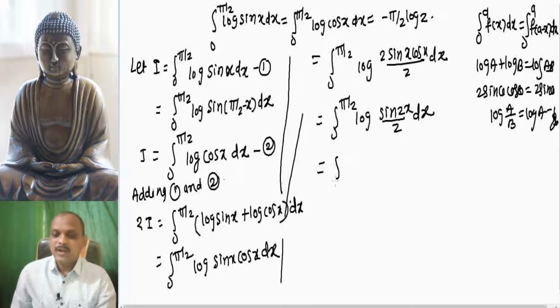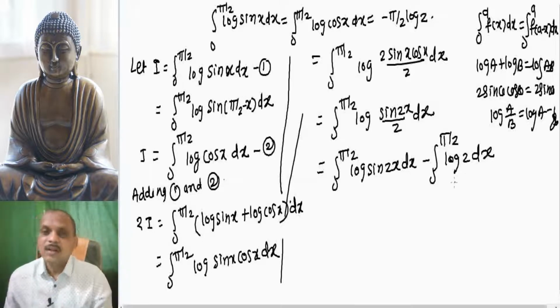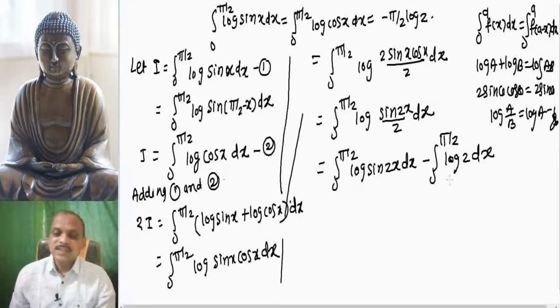So this is the integral from 0 to pi by 2 of log of sin 2x dx minus the integral from 0 to pi by 2 of log 2 dx. In the first integral, let us put 2x equal to theta, so 2 dx equals d theta.